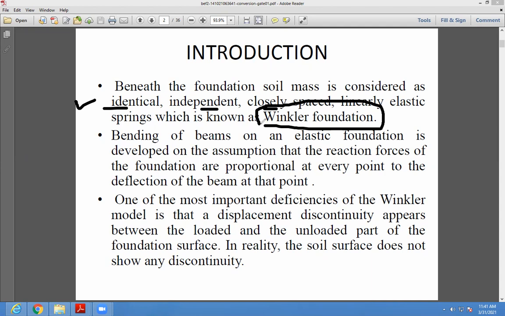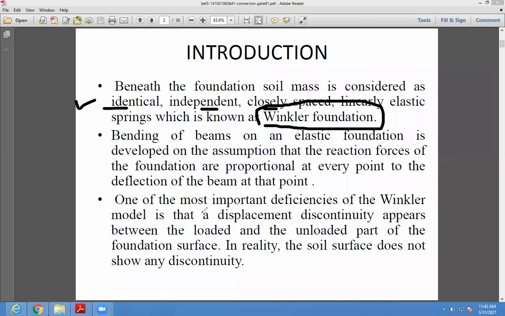Yesterday we discussed that q is directly proportional to delta. So in the case of the elastic foundation, we have considered the assumption that the reaction forces on the foundation are proportional at every point to the deflection.